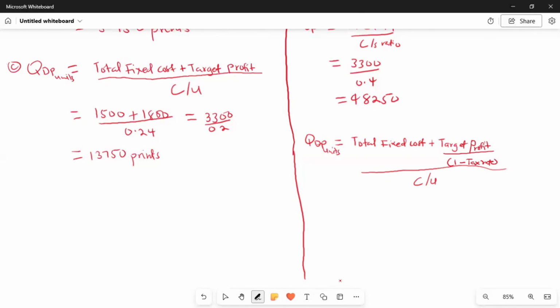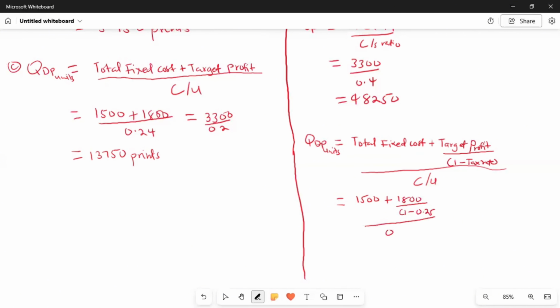You have to divide by the contribution per unit. So now let's put 1,500. And we have our target profits to be 1,800. So we divide by 1 minus the tax rate. The tax rate which has been given to us in the question is 25%, which is also 0.25.